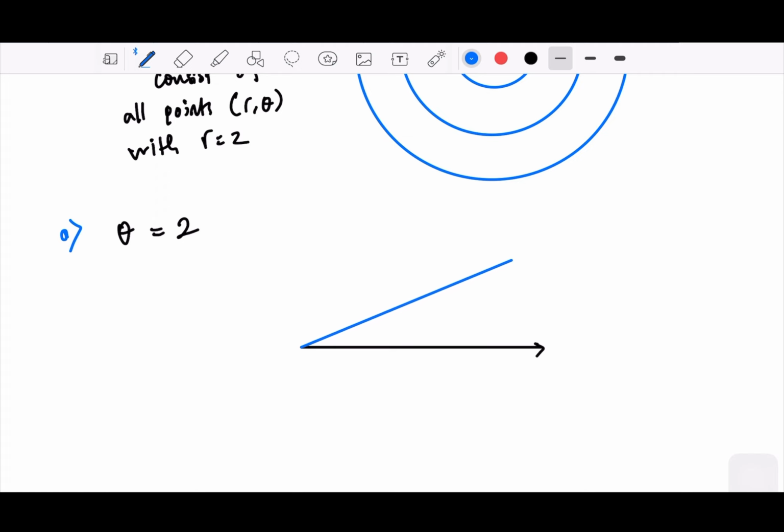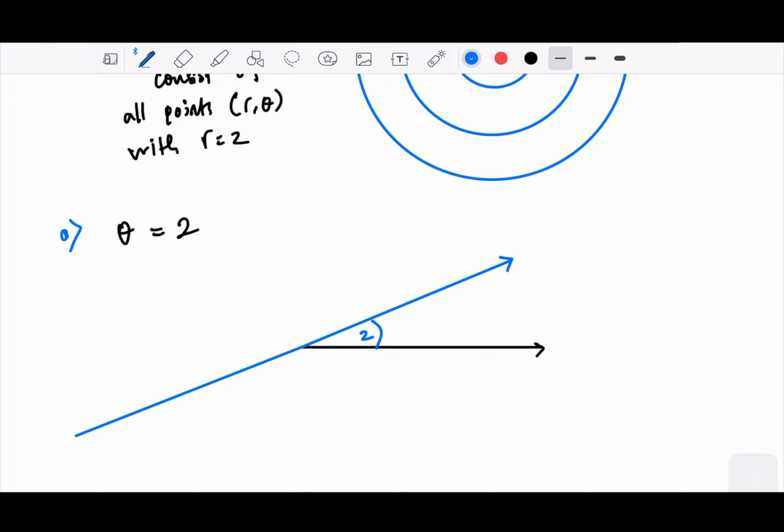This is just illustrations. Let's say this is 2, and we are making this go through all points here. So at theta equal 2, it will be a straight line.